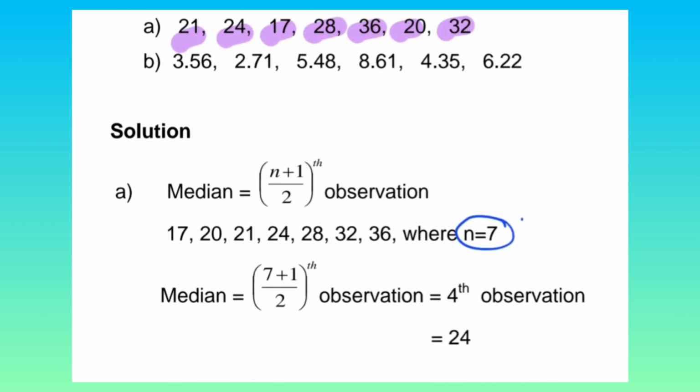So the median is 7 plus 1 over 2 observations. It will be the fourth observation. So just determine from the data, the fourth observation is 24. So the answer for the median is 24.